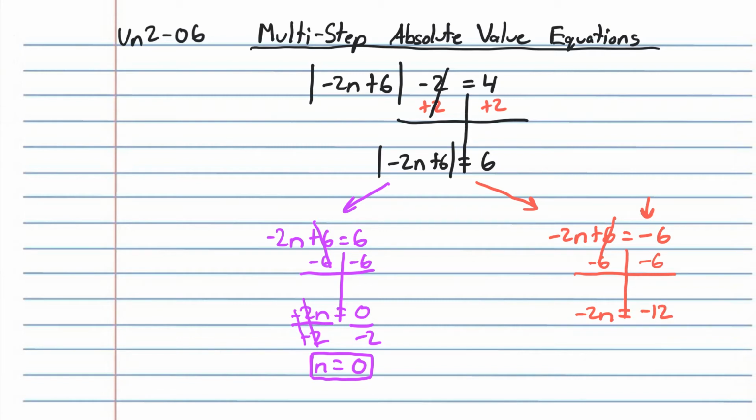Okay, and then let's divide by negative 2. Negatives cancel and 2's cancel. On the right side, it does work out perfectly. All right, the negatives do cancel each other out, and 12 divided by 2 gives you positive 6. So your two answers in this case would be 0 and positive 6.